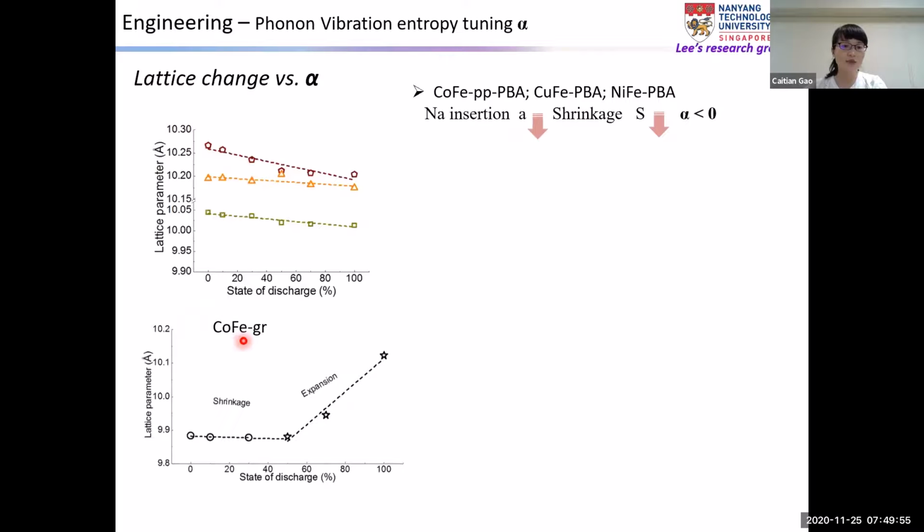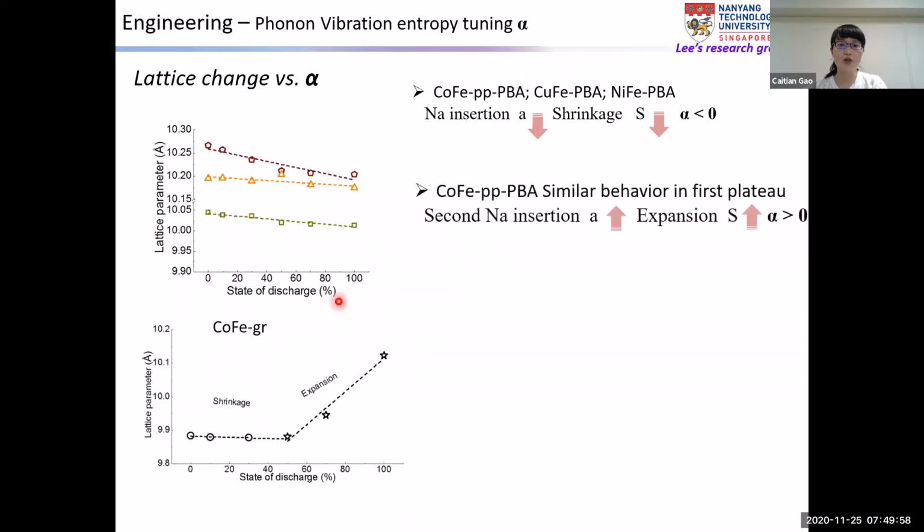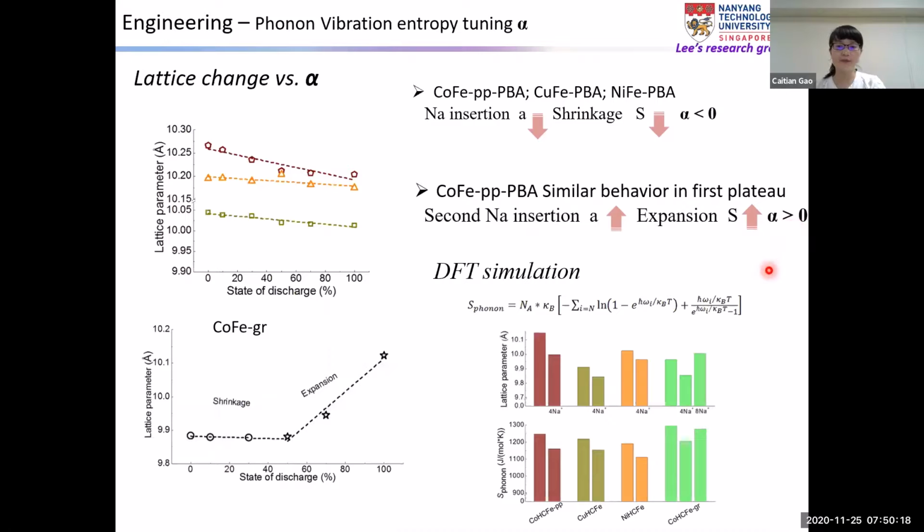But in this material, initially, the lattice has a shrinkage tendency, and it delivers a negative alpha. But with more sodium ion insertion, the lattice parameter increases, and that means the structure expands, and it delivers a positive alpha.